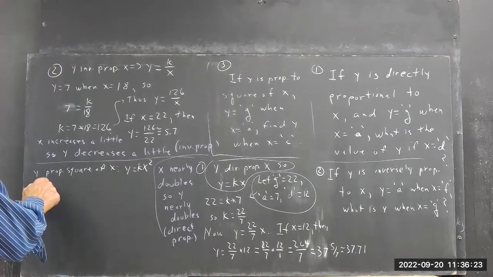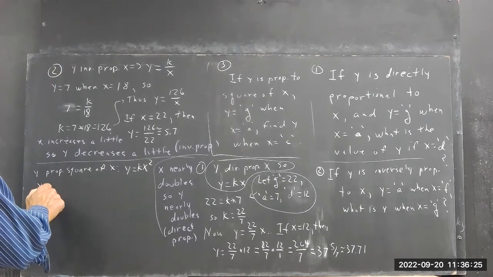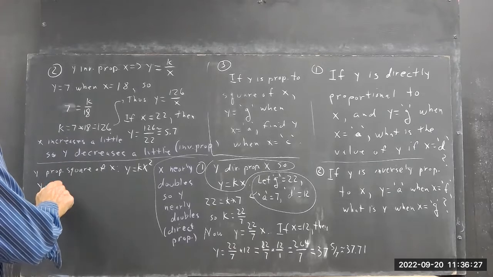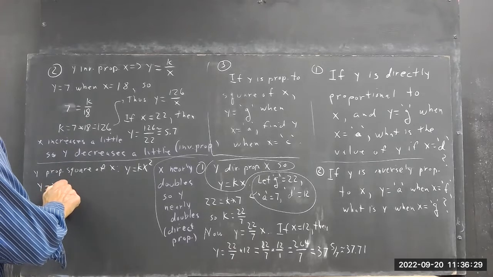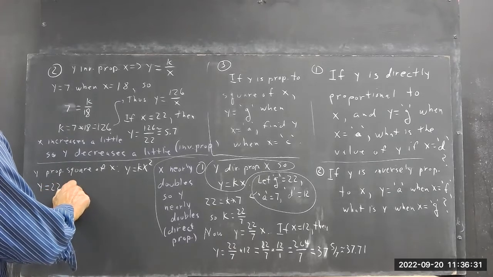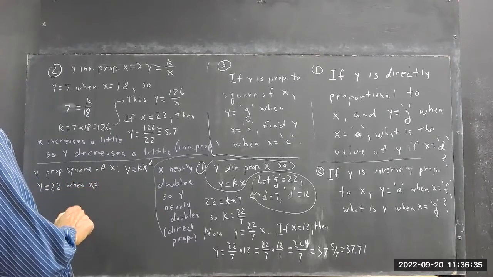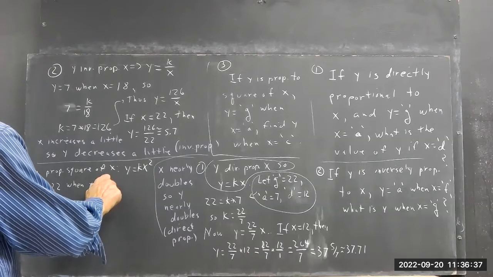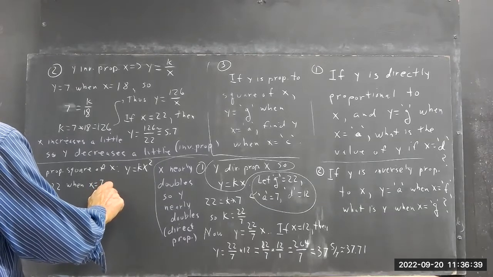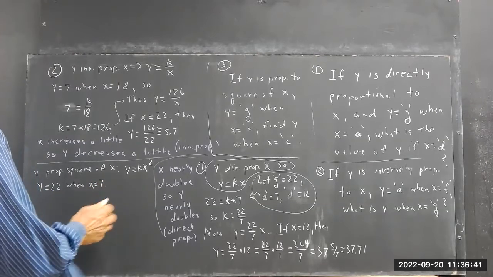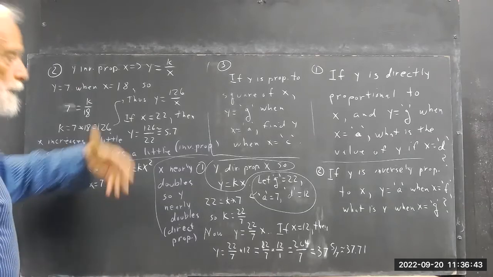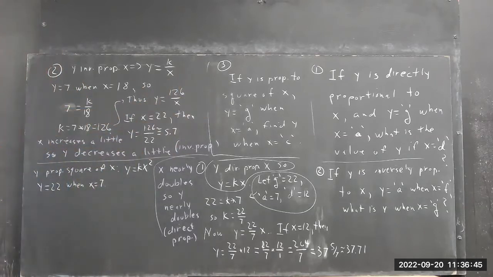Now, let's say Y equals 22 when X equals 7. So right there we can stop. We can write out what, find Y when X equals 6.